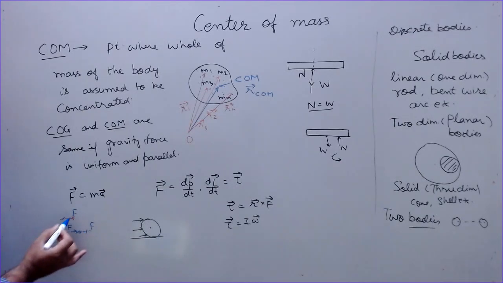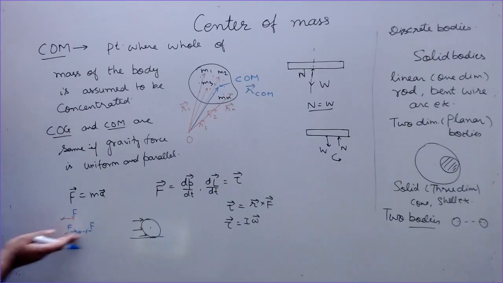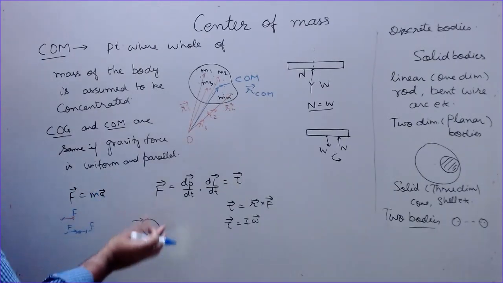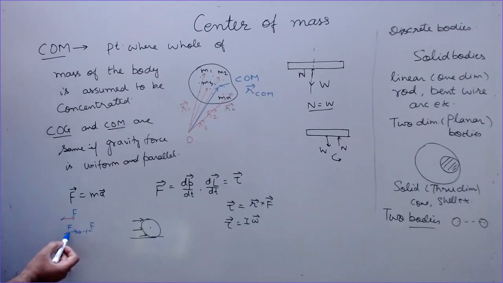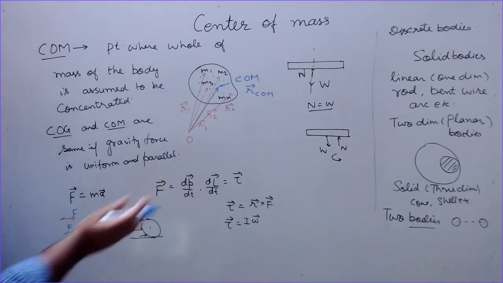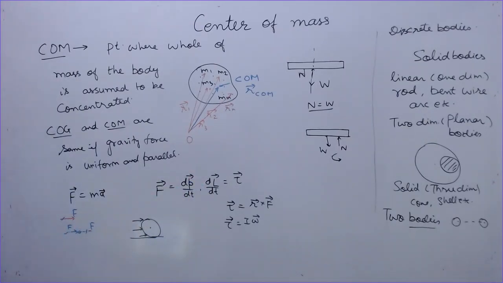They will create a couple, and this force will be a force in the linear direction. So what is the couple trying to do? It is trying to rotate the body. About which point? About this. And this force, which is acting at the center of mass, will try to move it in the linear direction, in the direction of force applied.